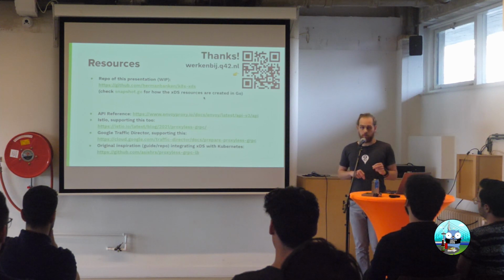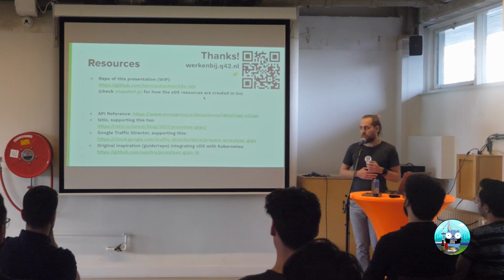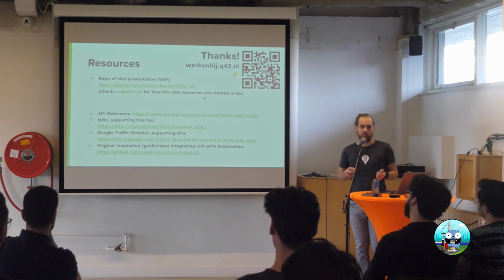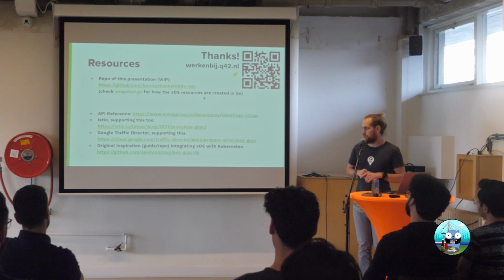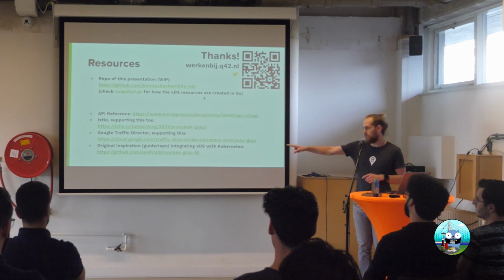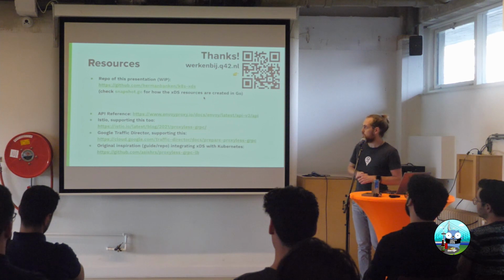Istio can now also work without Envoy, which is basically using this exact same mechanism. Google Traffic Director is basically an implementation of this thing, and I had a huge inspiration or help from the guy creating the gRPC load balancer at the bottom. So shout out to him.